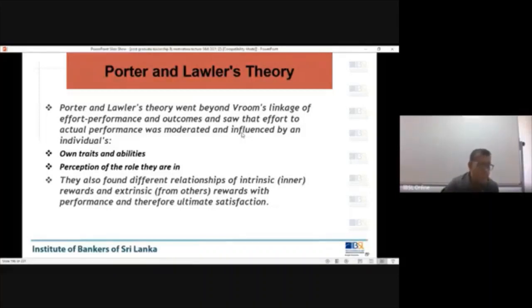Now, he may be expecting both intrinsic rewards as well as extrinsic rewards. What do you mean by extrinsic reward? We are going to discuss that later on. Maybe a promotion, salary increments and all.